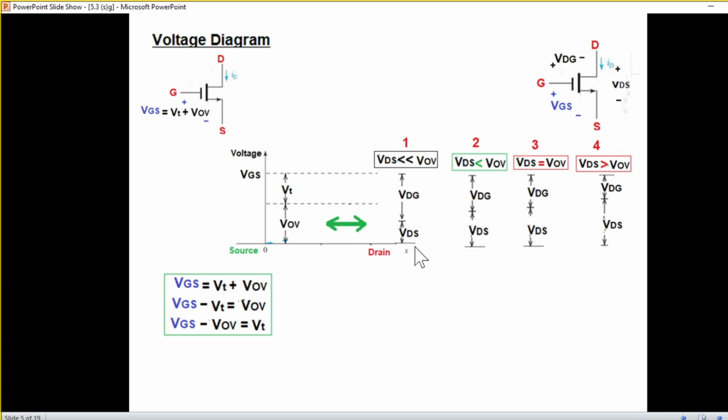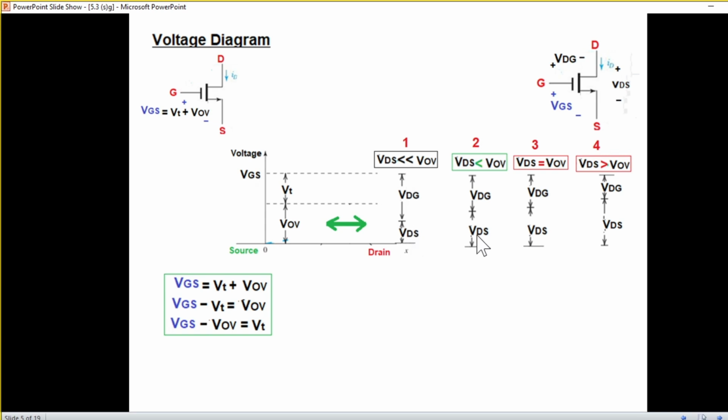Now here there could be at least 4 variations. The first one is that this value of VDS is very, very small as compared to VOV. That means VDG is large and VDS is very small. So this is one case.